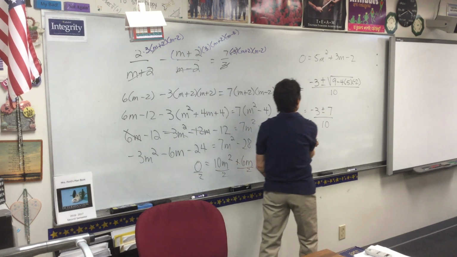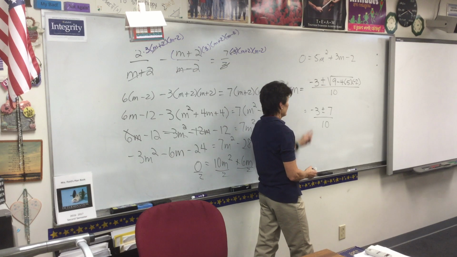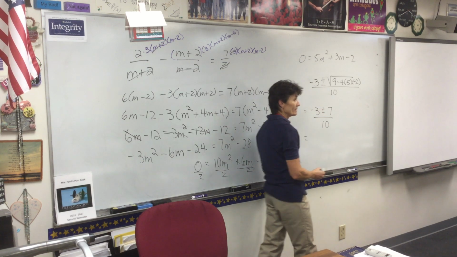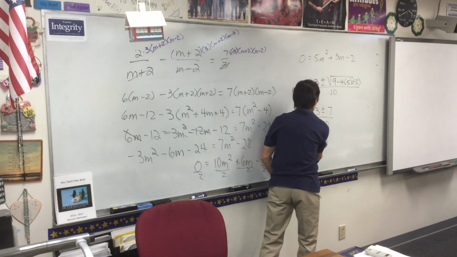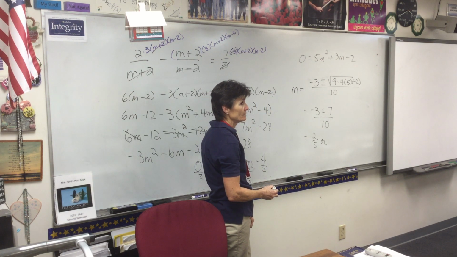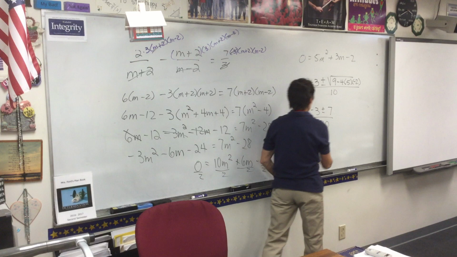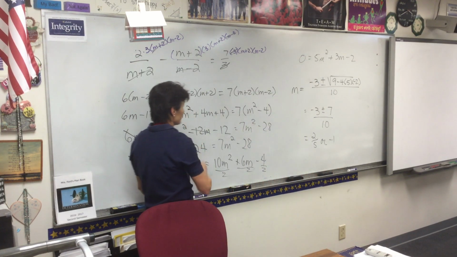So negative 3 plus 7 is 4 divided by 10, so 2/5. Negative 3 minus 7, negative 10 divided by 10, negative 1. So I'm going to do a quick double check.